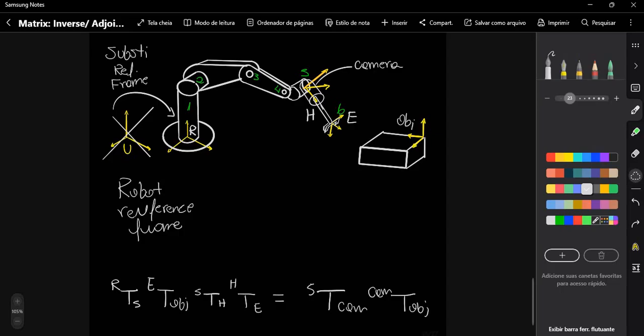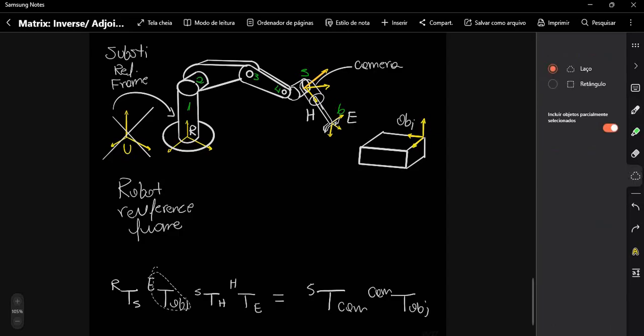And let me organize the terms of this transformation equation.